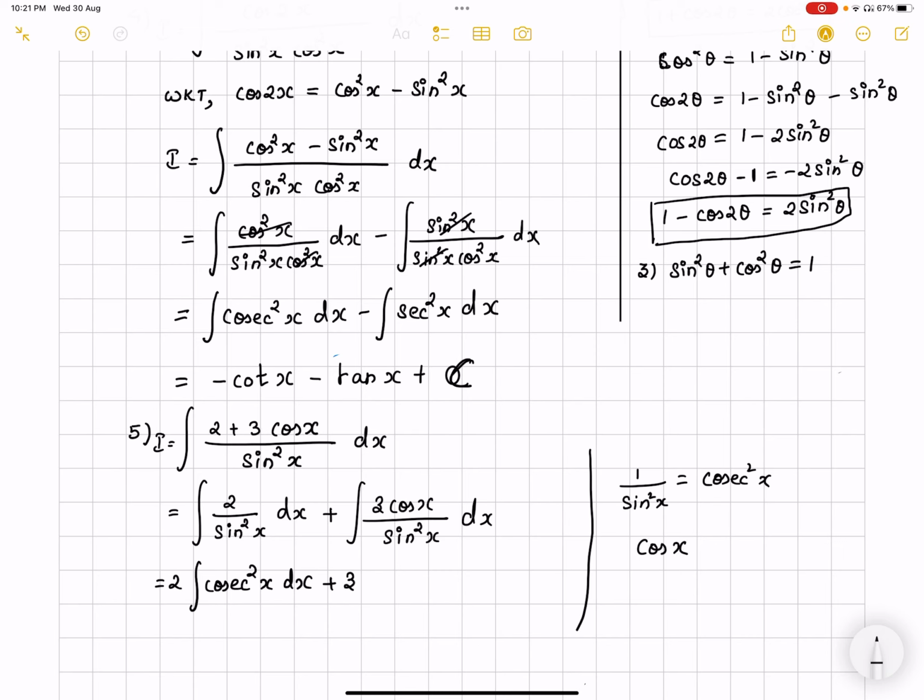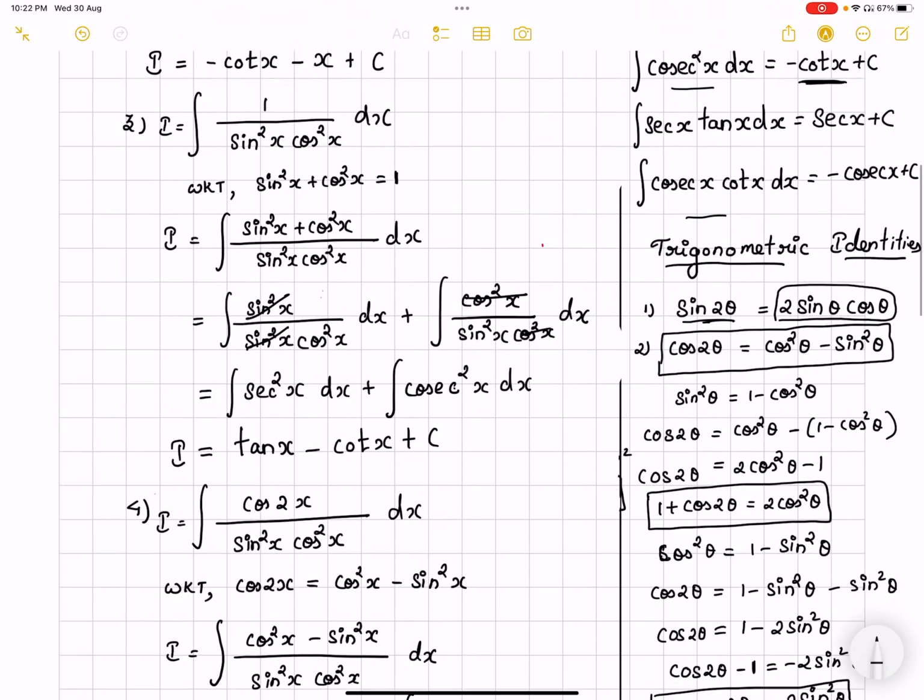Cos x divided by sin x into sin x. So here cos x by sin x is gonna be cot x, and then 1 by sin x is gonna be my cosecant x. So we have an integration formula for that also. So it's gonna be cosecant x cot x dx.